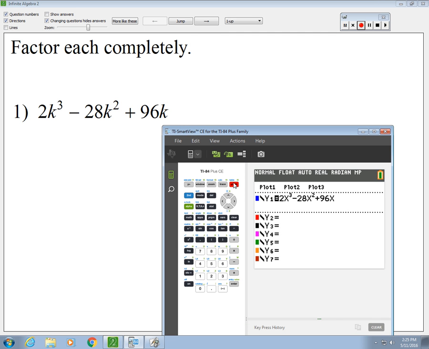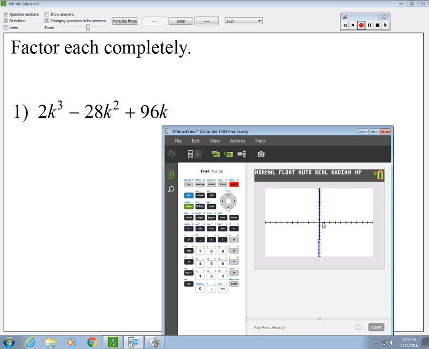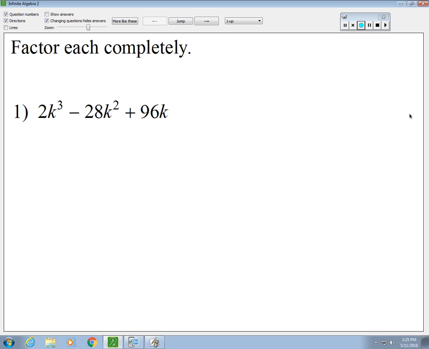Okay, watch it graph. It just hit there, there, and there. Where are those locations? 0, 6, and 8. So the x-intercepts for this degree 3 trinomial are 0, 6, and 8.